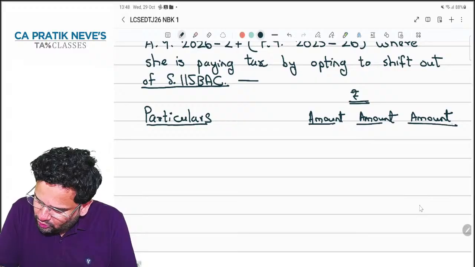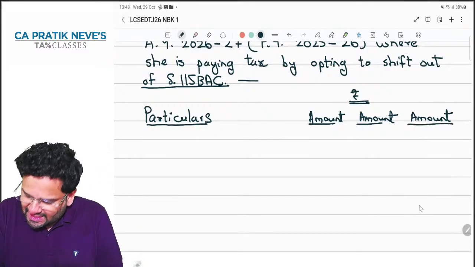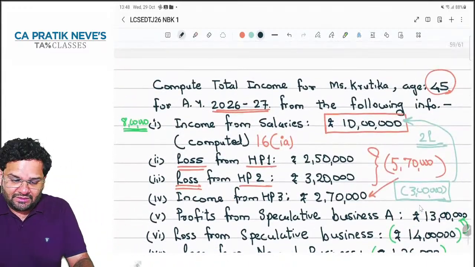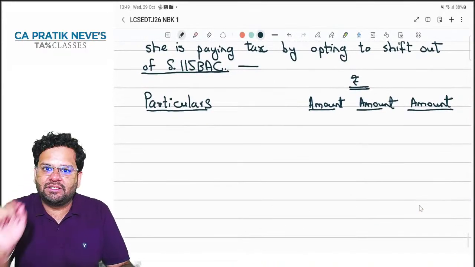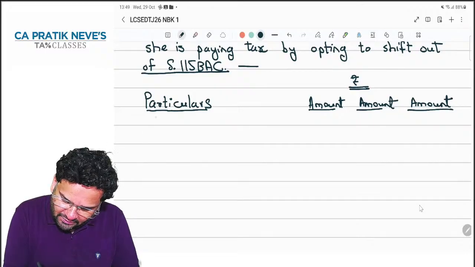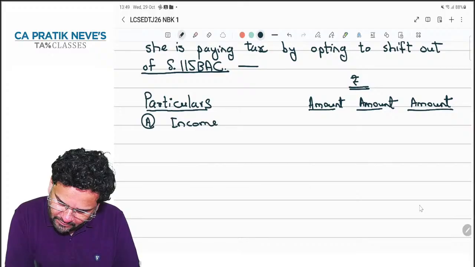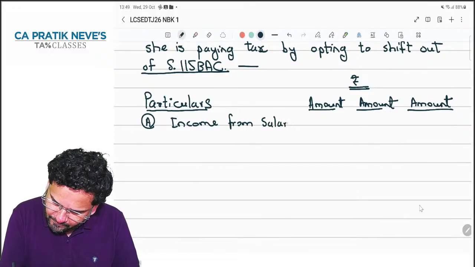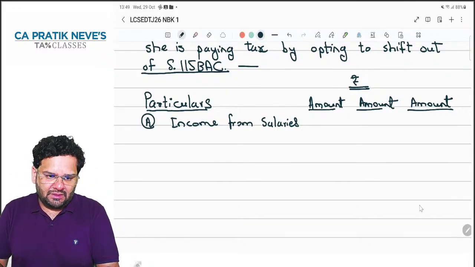Income from salary that we are going to finally tax is 8 lakh rupees. How did you get that 8 lakh rupees? We'll just show that. So A point, start with income from salaries.